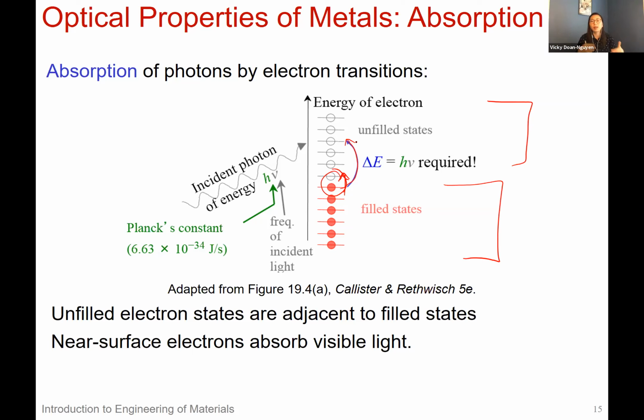Each wavelength has some energy associated with it, and that will dictate which energy state it will occupy, but it doesn't really matter because there's no band gap to overcome. So if you have some lower energy photon, it will just jump to here, because the unfilled states are adjacent to the filled states.